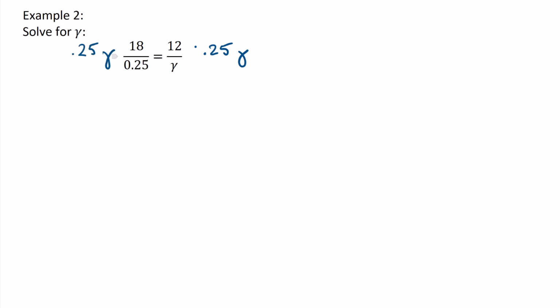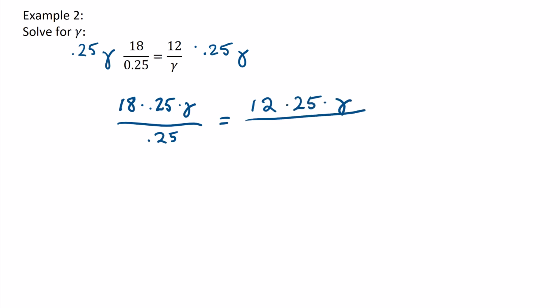When I do that, 18 times 0.25 times gamma over 0.25 equals 12 times 0.25 times gamma over gamma.